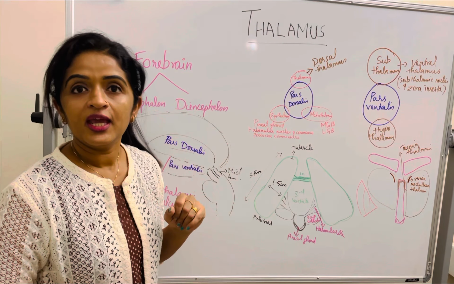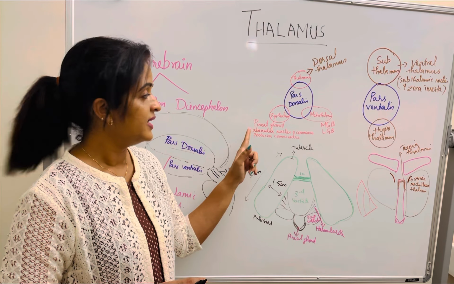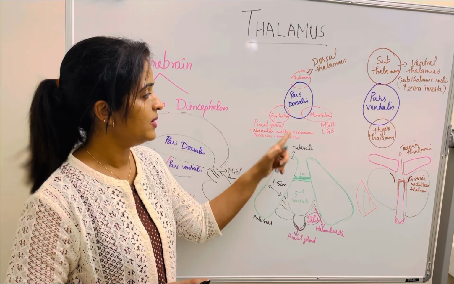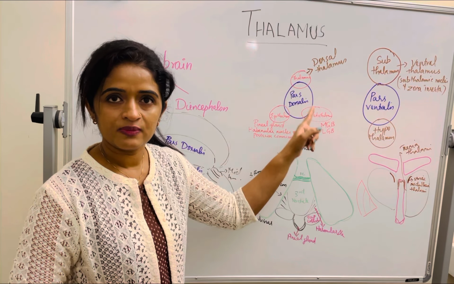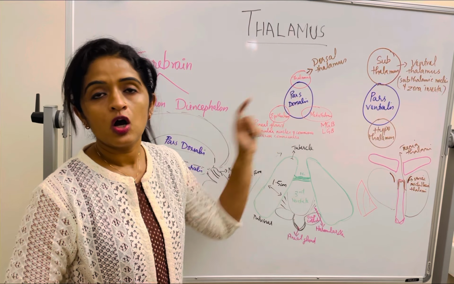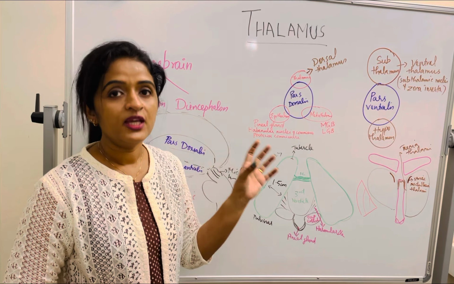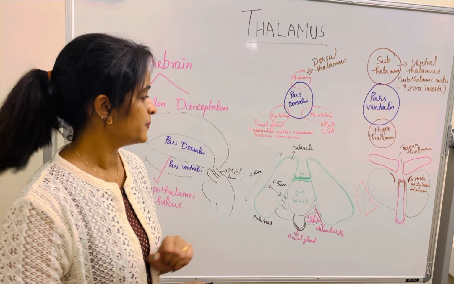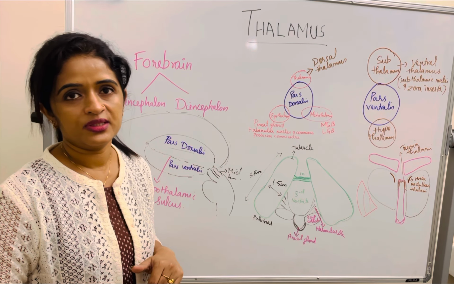Now coming to the epithalamus. Epithalamus consists of the pineal gland, the habenula nuclei and commissure, and the posterior commissure. These are the three important components of epithalamus. So all together the thalamus, metathalamus and epithalamus all together forms the pars dorsalis part of the diencephalon which is lying dorsal to the hypothalamic sulcus. Now coming to the part which is lying ventral to the hypothalamic sulcus.